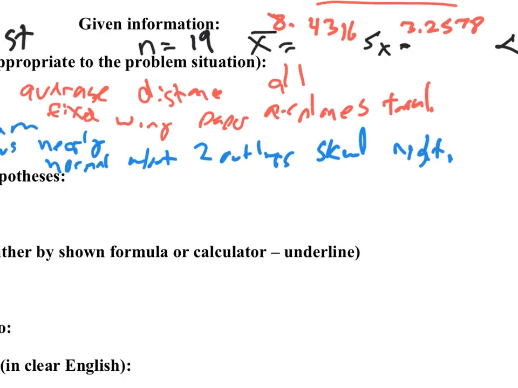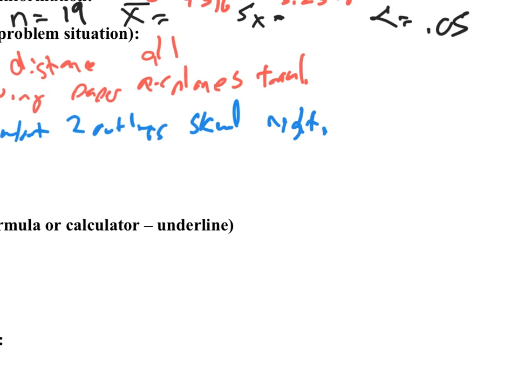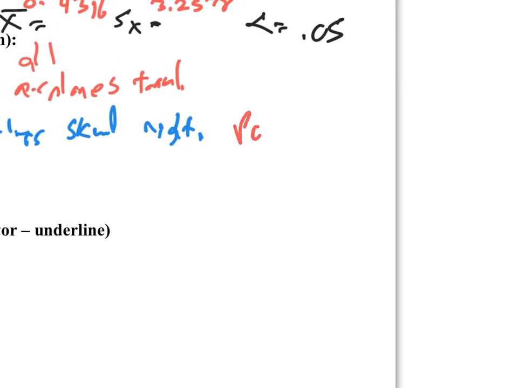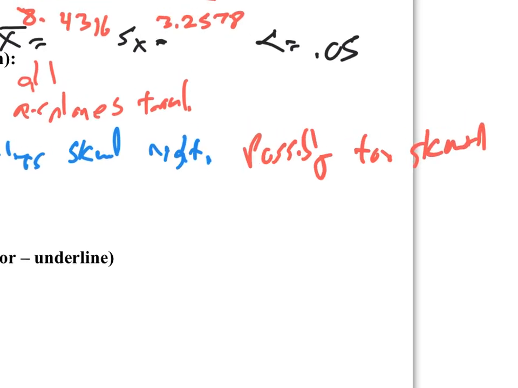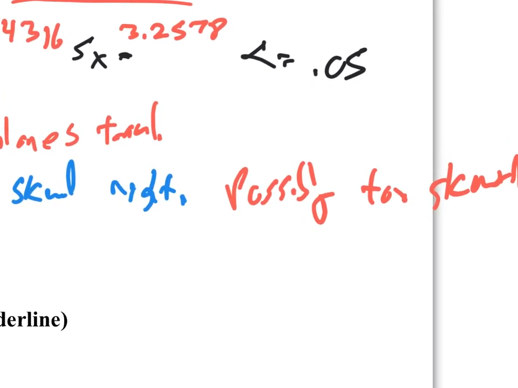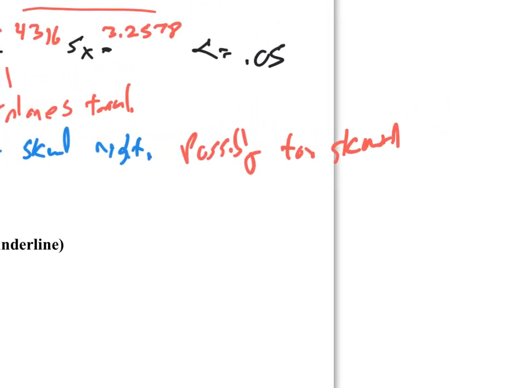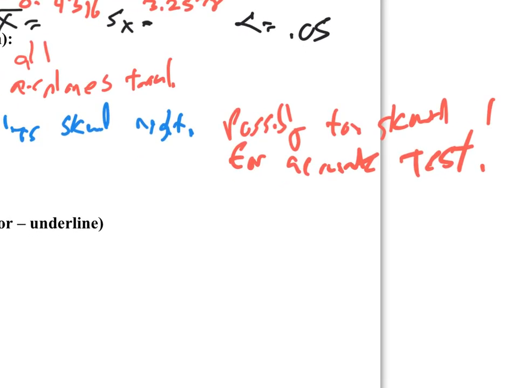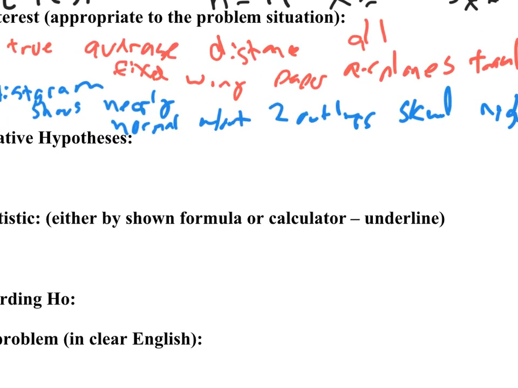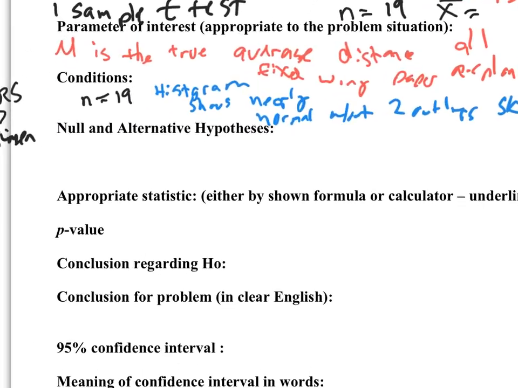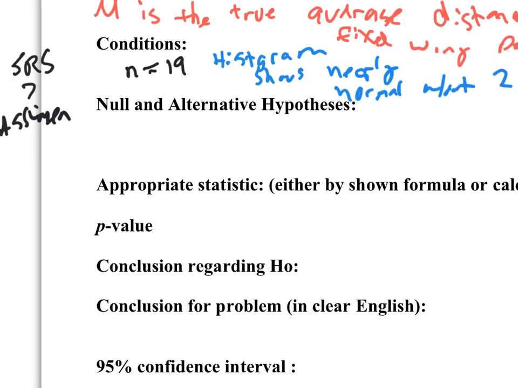So I'm letting them know. The standard deviation is 3.2578. Possibly too skewed for accurate test. I don't know what the author said, but I'm going to write it. We'll see what the author said later, because we have a lot more to do.